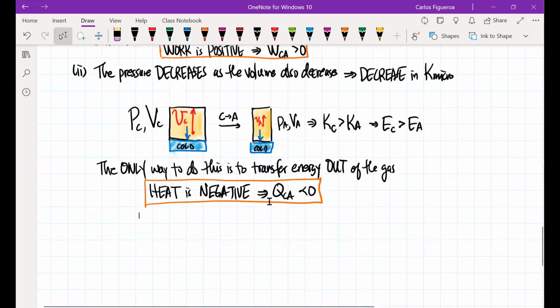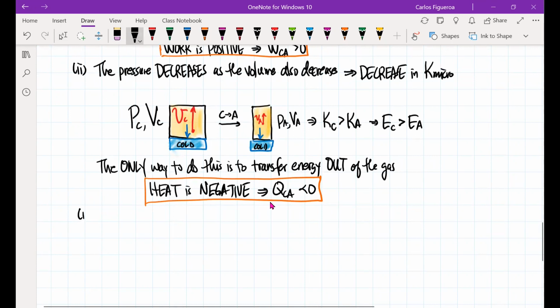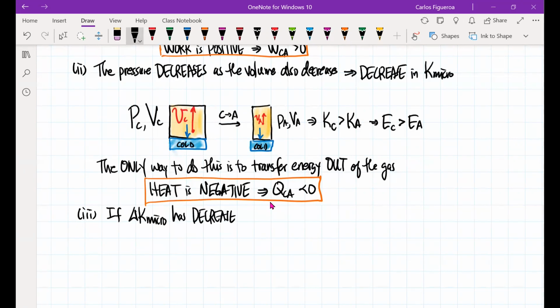But wait a minute. If the change in K micro has decreased, that implies that the internal energy, which is the same as micro kinetic energy, is negative.